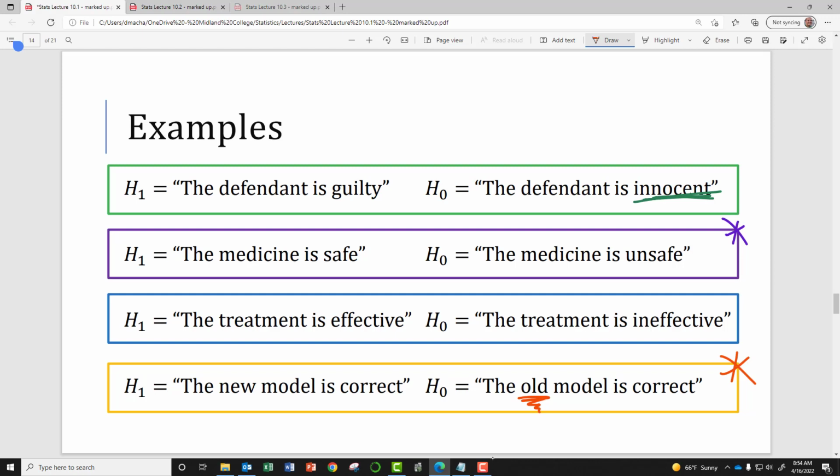And what you're trying to do with an experiment is collect sufficient data to demonstrate with sufficient evidence that the new model is correct. So again, our baseline assumption is going to be our null hypothesis, and hopefully these examples help you get a feel for how you choose your null hypothesis versus how you choose your alternative hypothesis.